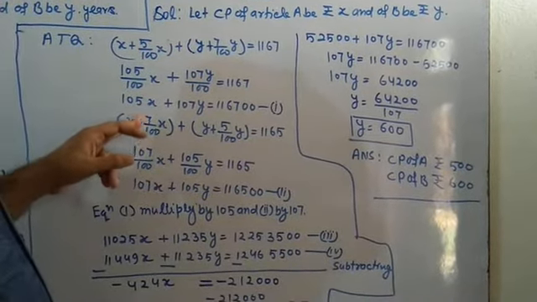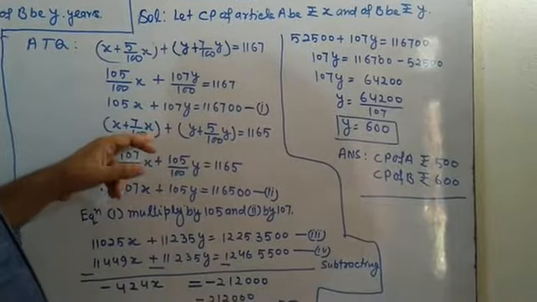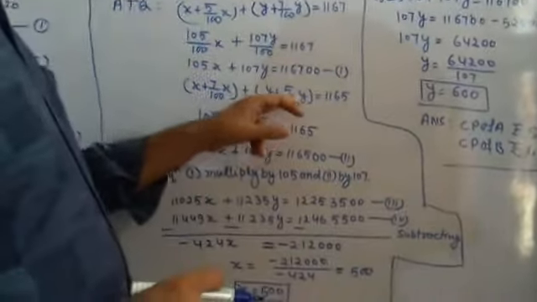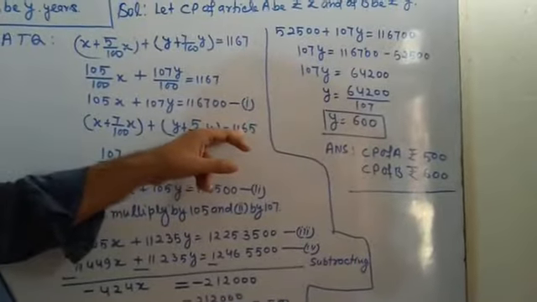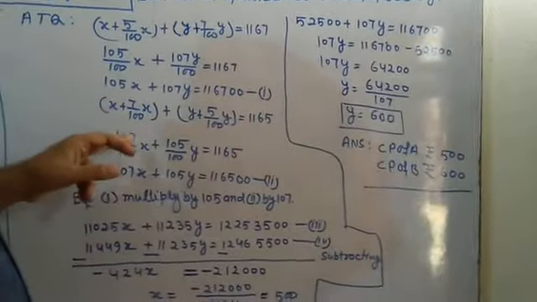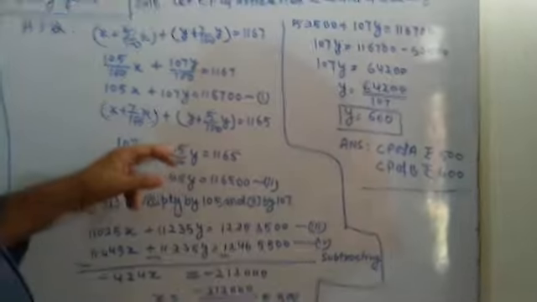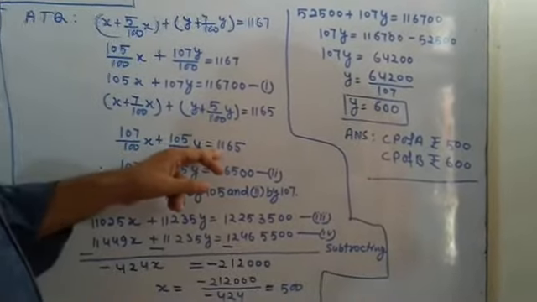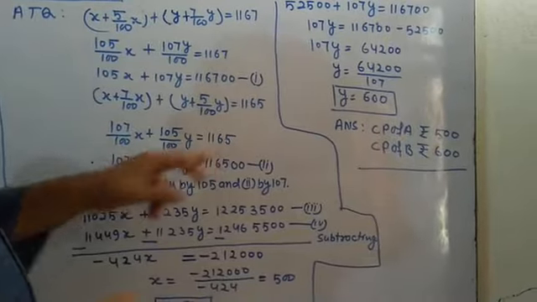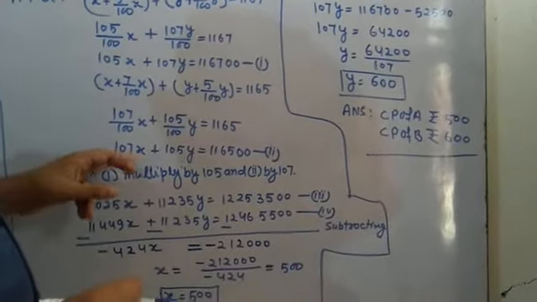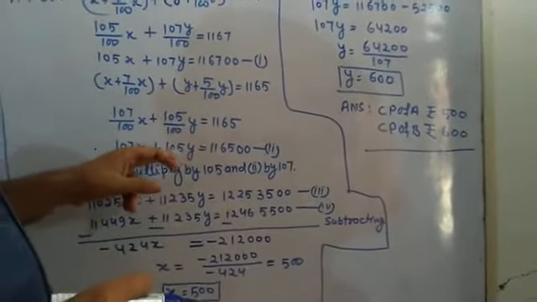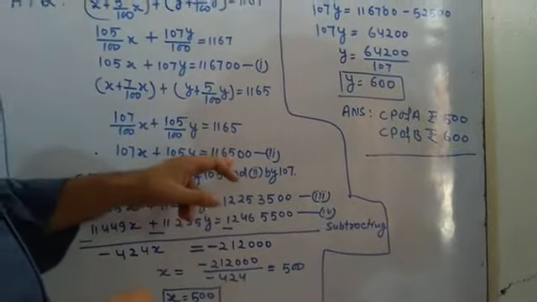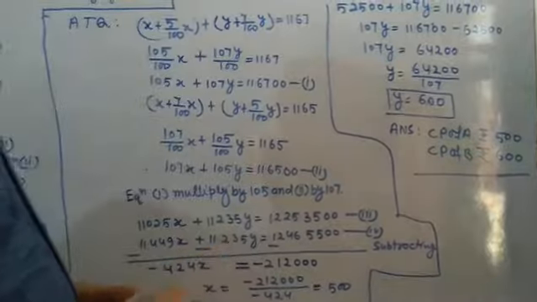Similarly, x plus 7 by 100 x plus y plus 5 by 100 y equal to 1,165. 107x upon 100 plus 105y upon 100 equal to 1,165. 107x plus 105y equal to 1,16,500. Equation second.